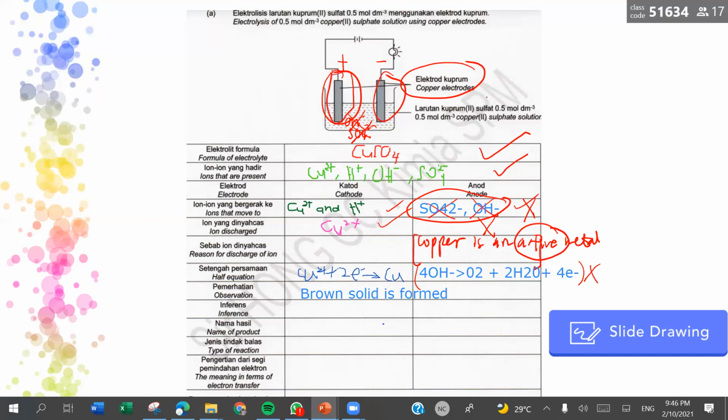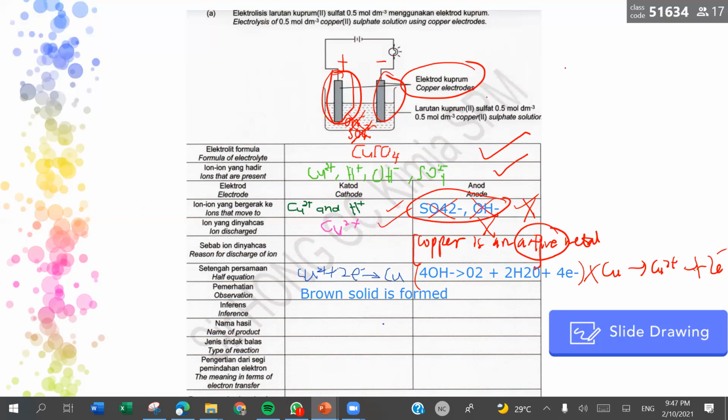If my anode is copper, teacher will use that copper, and it will ionize and become a copper ion. So Cu goes to Cu2+ plus 2 electrons.